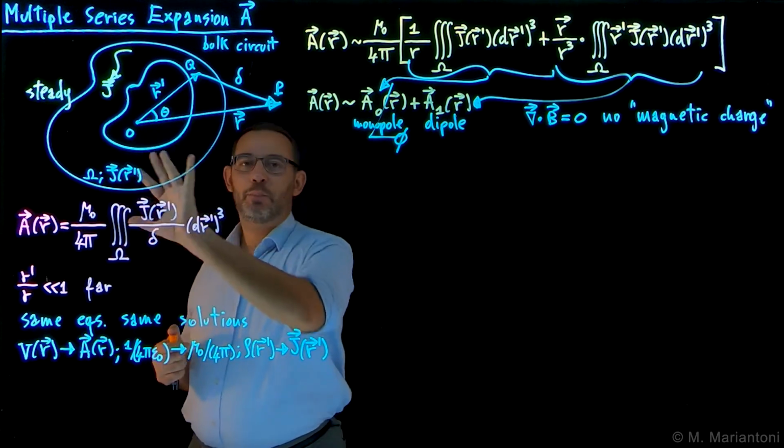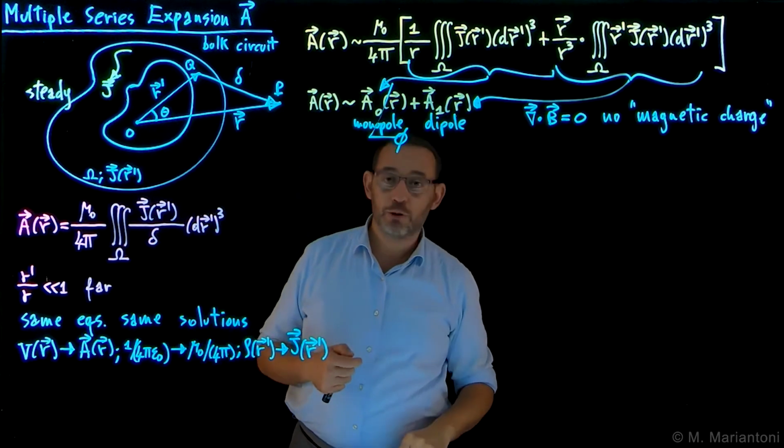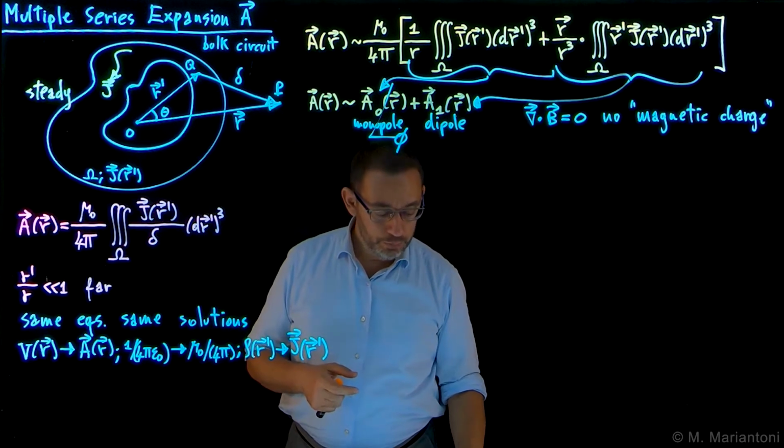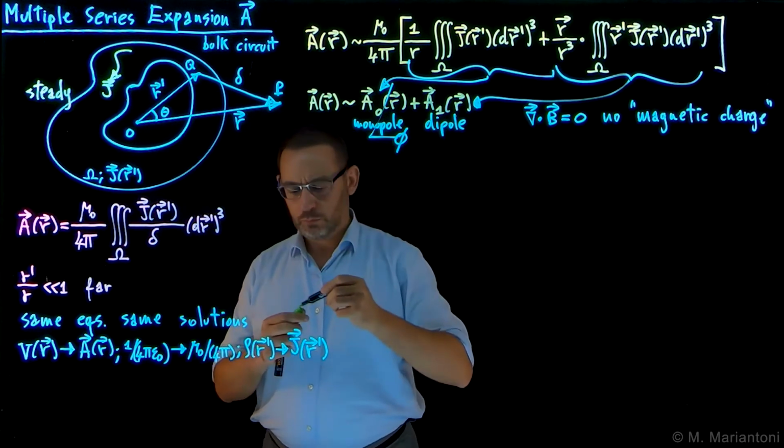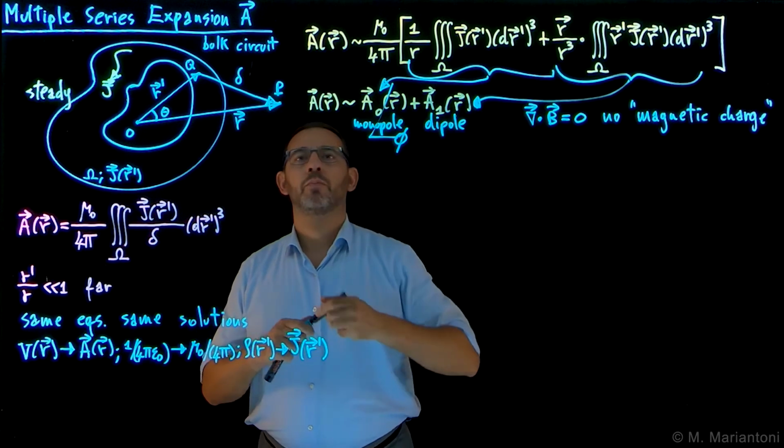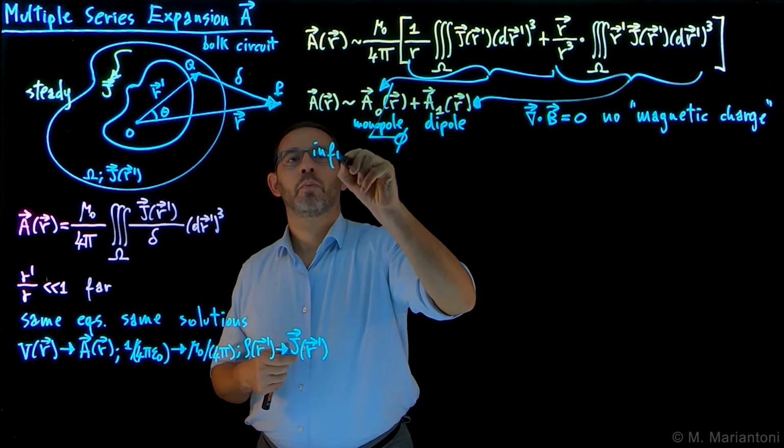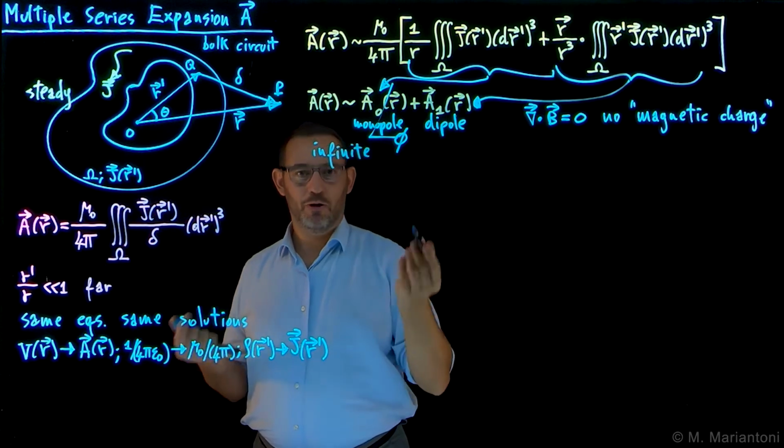We split this bulk circuit into an infinite set. Do it in blue here. As always, the spaghetti approach, right?